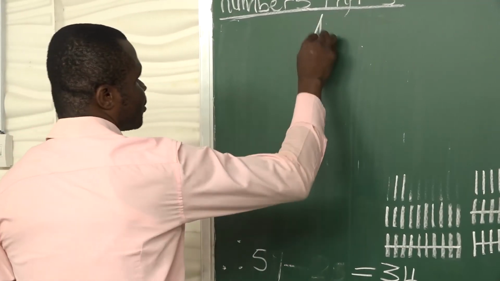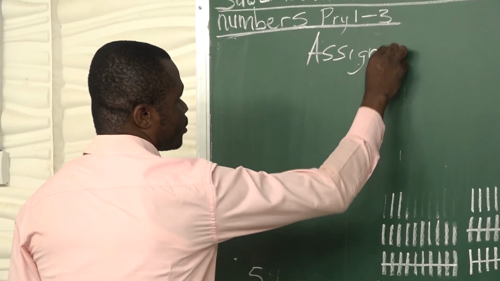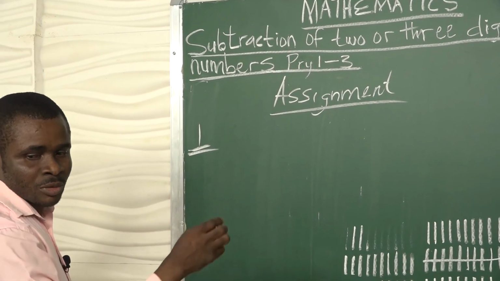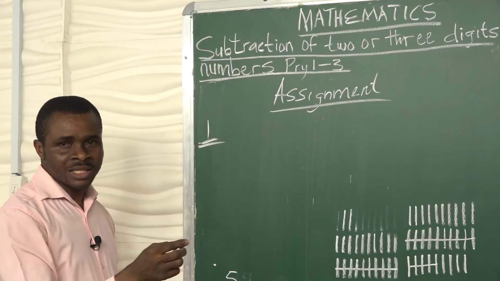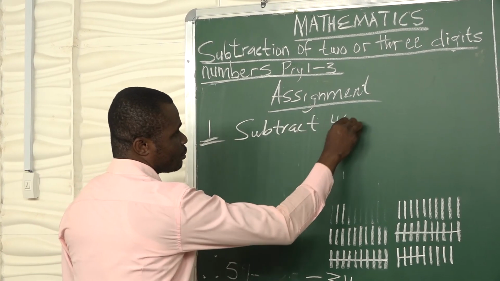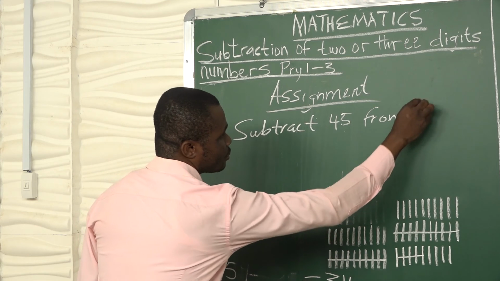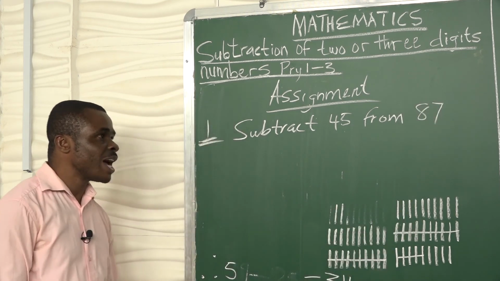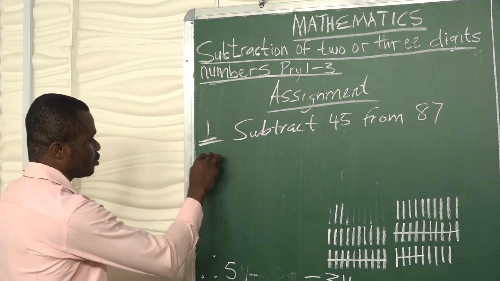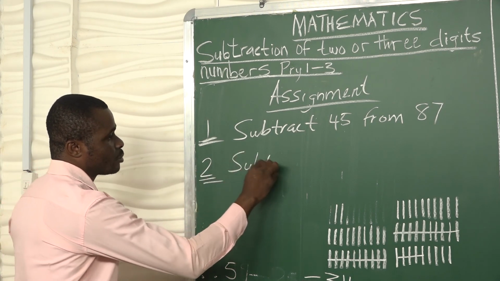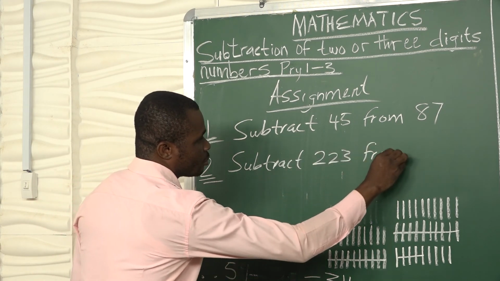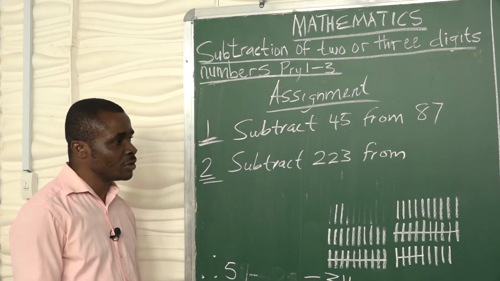Number 1, subtract 45 from 87. Secondly, subtract 223 from 554.